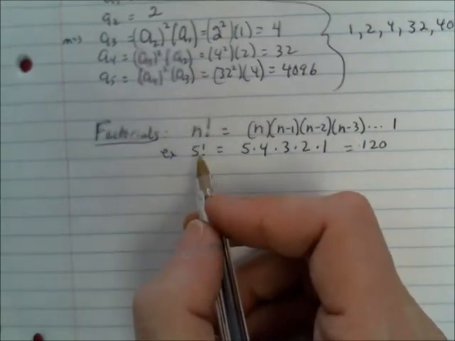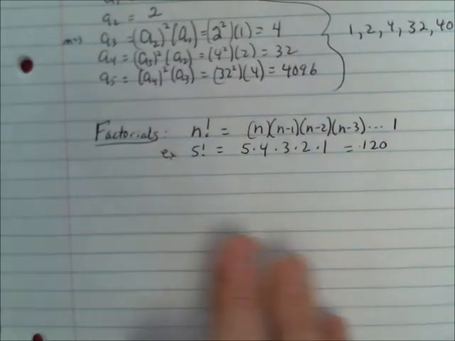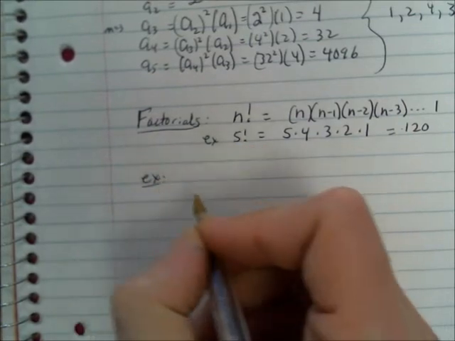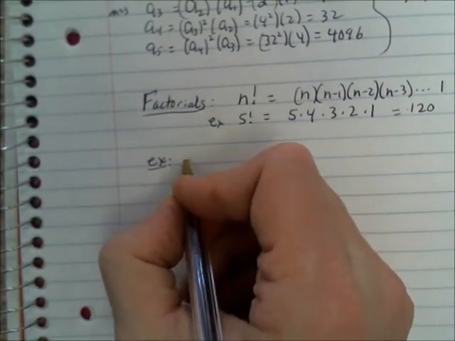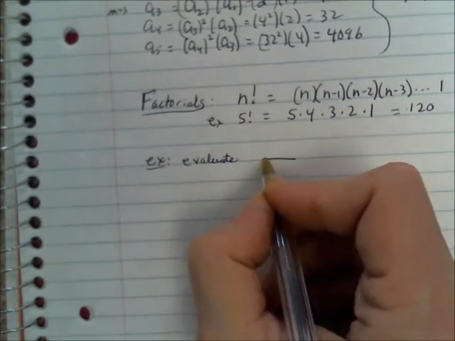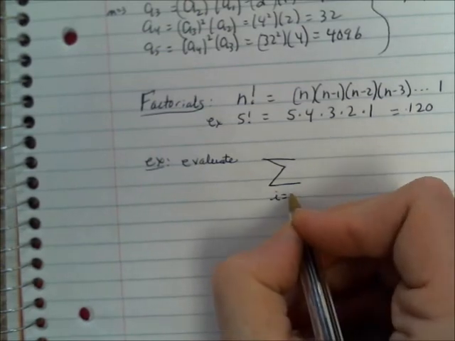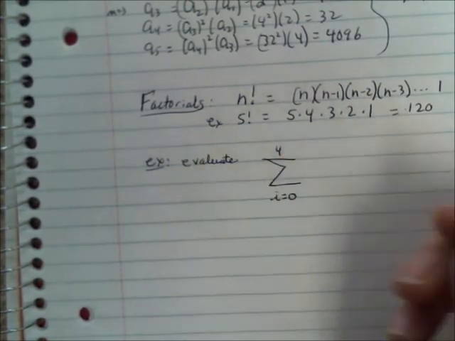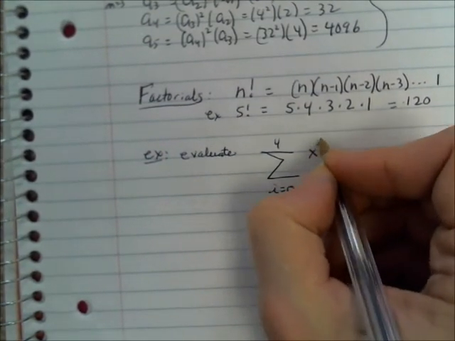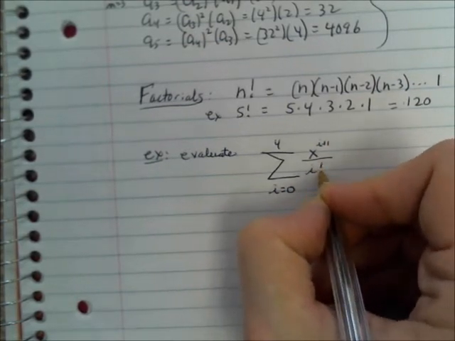Sometimes factorials are used when we're writing sequences out or when we're trying to find series. Let's say I want you to evaluate this sigma problem. Let's say we have i is equal to 0 to 4, and x to the i plus 1 over i factorial.